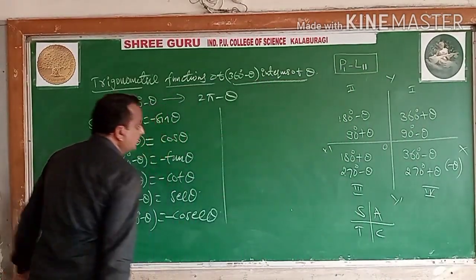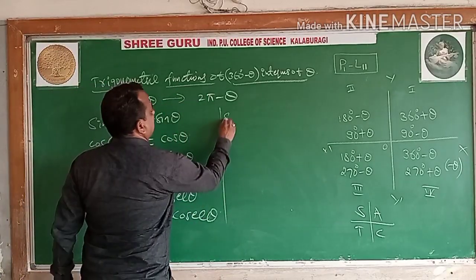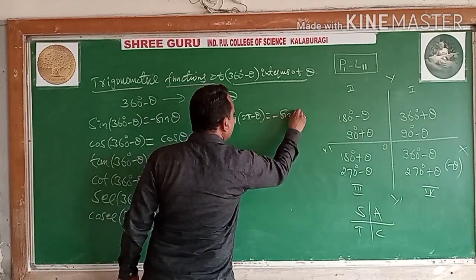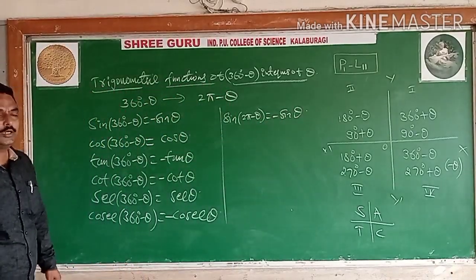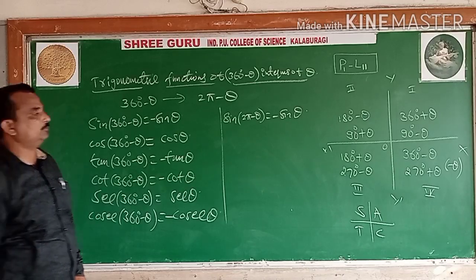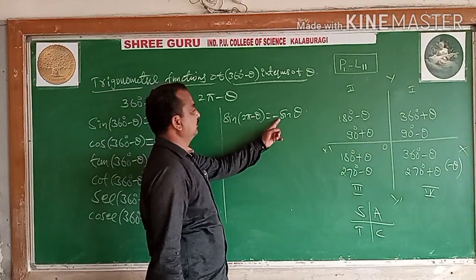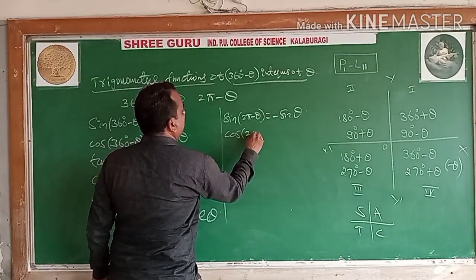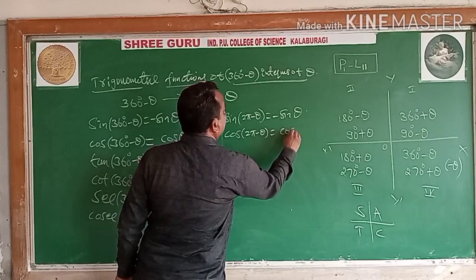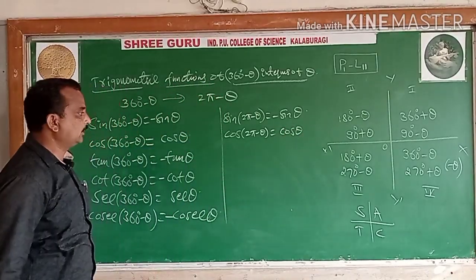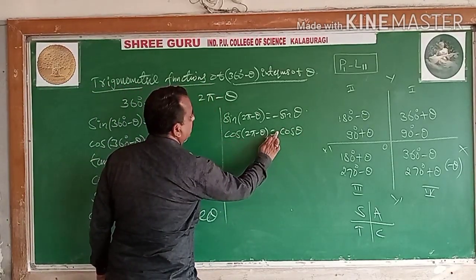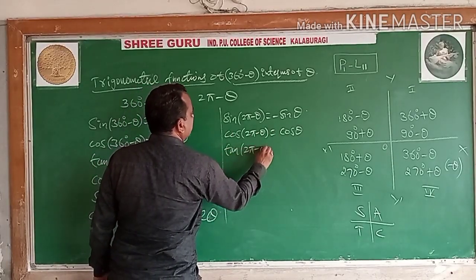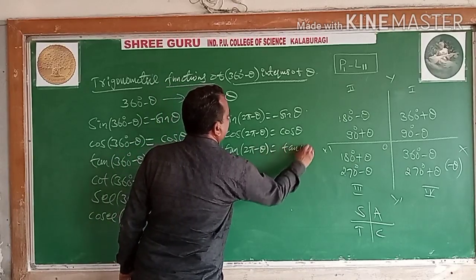Let us see in terms of radians. Sine of 2 pi minus theta is minus sine theta, because in the fourth quadrant sine is negative and the function remains the same. Cos of 2 pi minus theta is plus cos theta, the function is the same, because in the fourth quadrant cos is positive. Tan of 2 pi minus theta is minus tan theta.